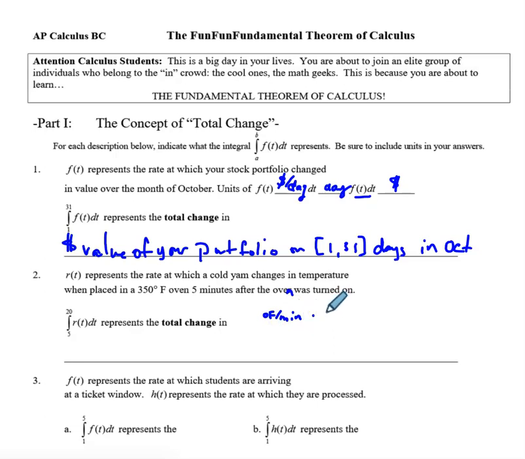And then we multiply by the units of dt, which is minutes. So we're going to get a total change in degrees Fahrenheit temperature of the yam on the interval 5 to 20 minutes. And that's 5 to 20 minutes after the oven was turned on.